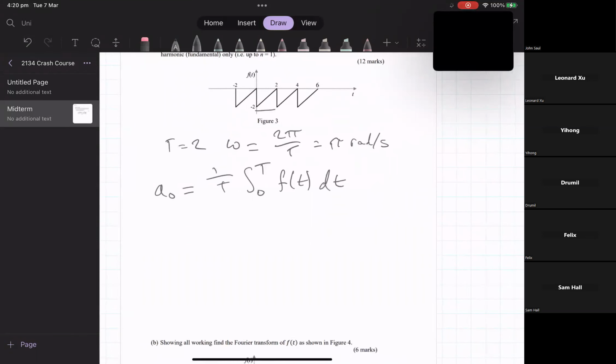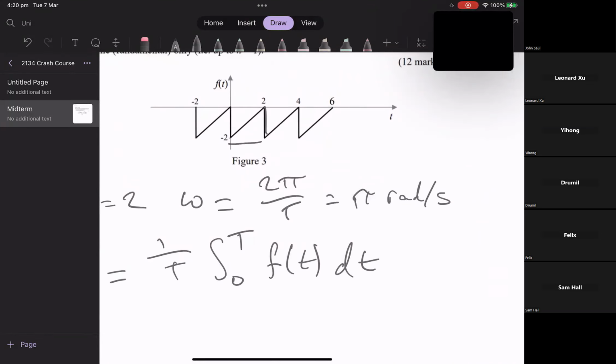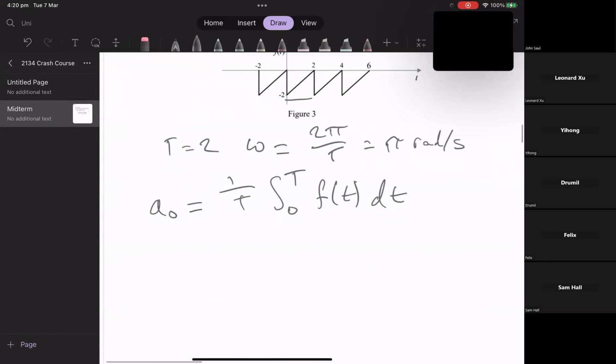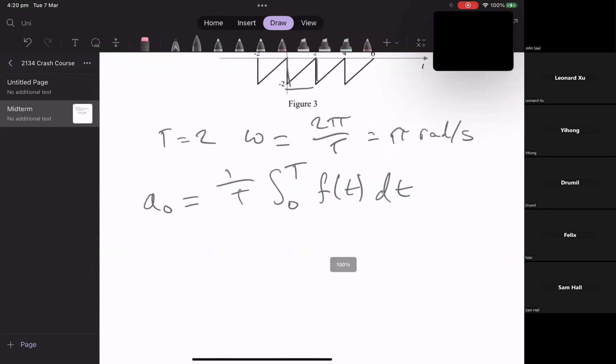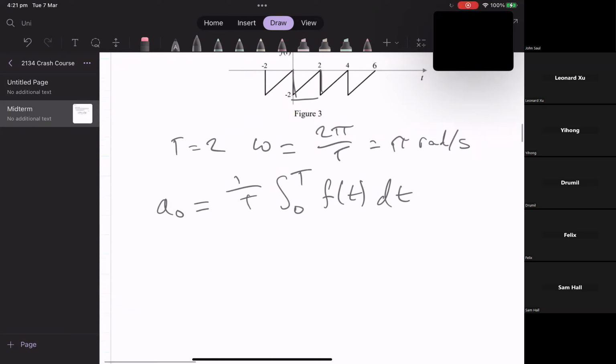So the next thing we need to do is find out what f of t is. We're only looking at one period, so we can just look at this section here. We can see that it's linear, so it'll be of the form at plus b in terms of t in this scenario. We can see that the gradient is 1 because over a distance of 2, it rises 2.